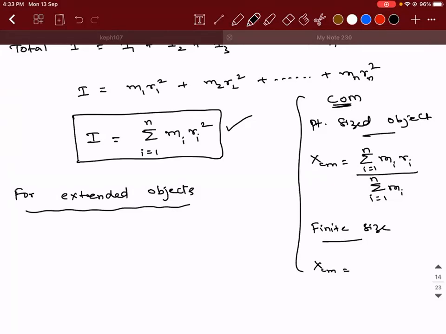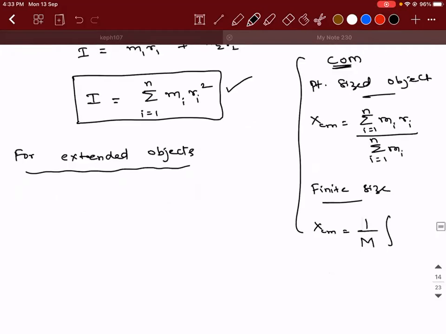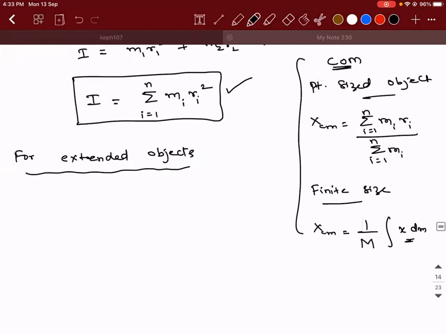It is 1 by capital M into integral of x dm. What did we do? Sigma mi is replaced with capital M. Sigma is replaced with integral. In the place of ri, I replaced it with x. In the place of m, I replaced it with dm.